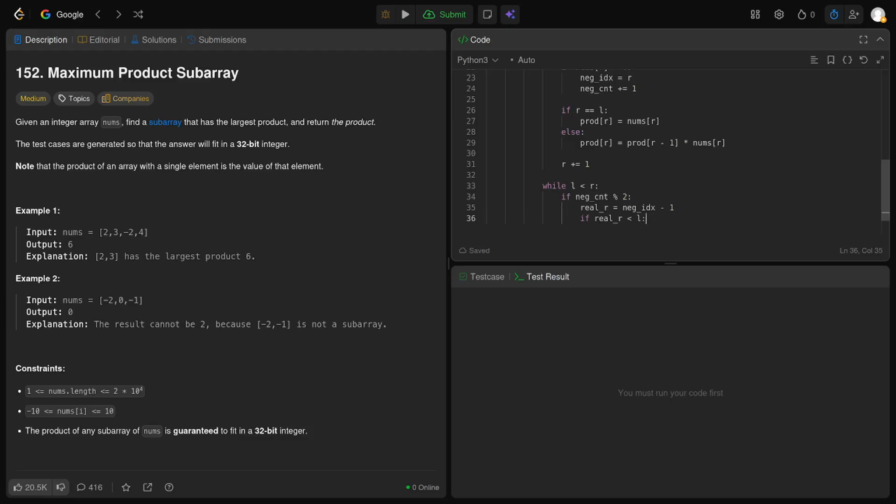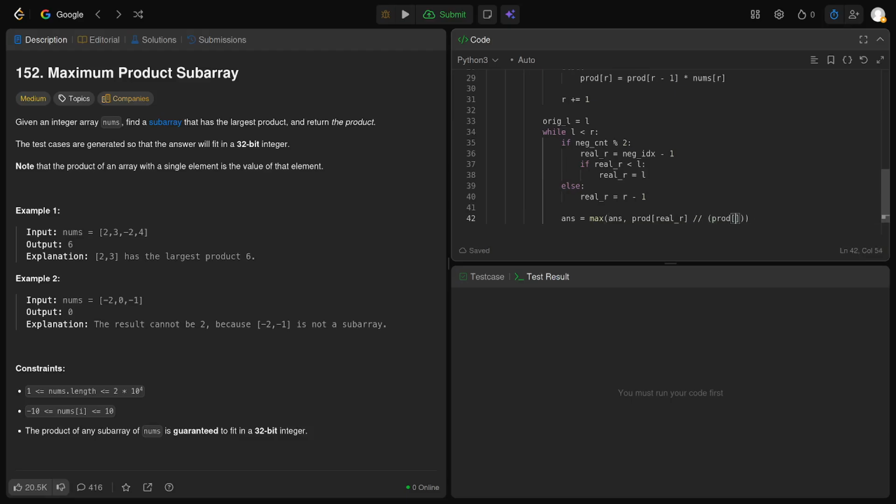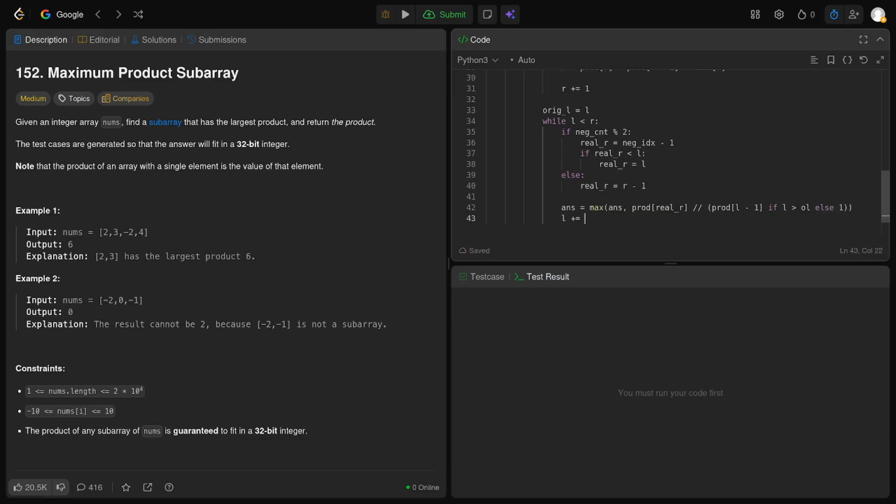Yeah, so if real R is smaller than L, then we do real R is L, and then real R minus 1, and then we want to do like, so original L is L, and now ans is max, ans product of real R divided by product of L minus 1 if L over original L, else it's 1. And then L plus equals 1.